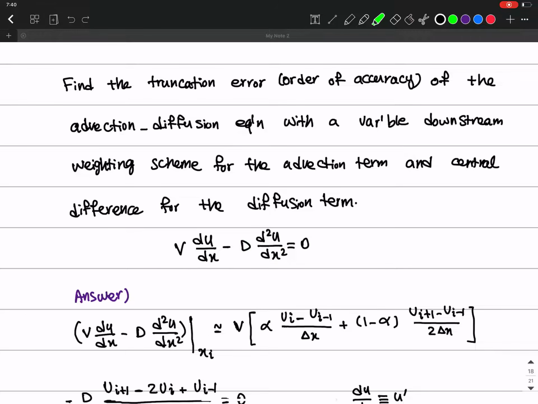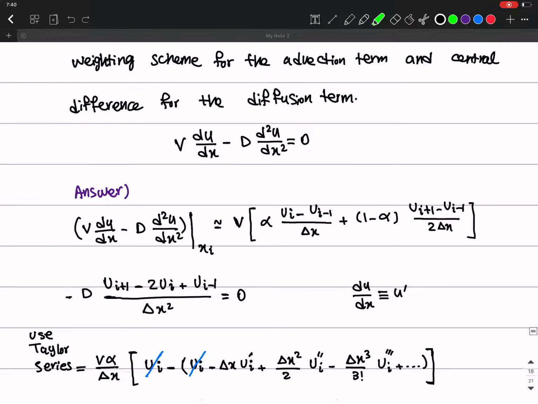So we wrote the approximation based on what the problem asked us.